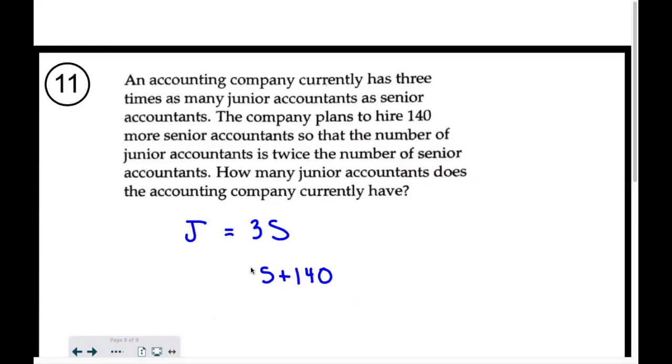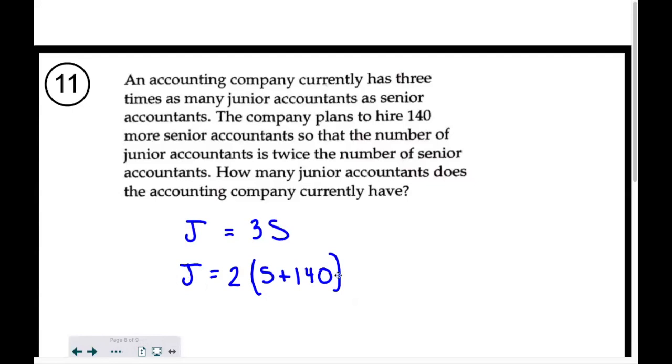So again, we'll have to double the amount of seniors to equal the number of juniors, right? We want the juniors to be twice the number of seniors. So whatever the seniors are, now they're S plus 140. That'll have to be doubled for it to equal the current amount of juniors.